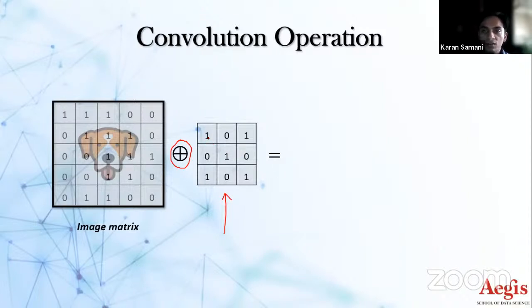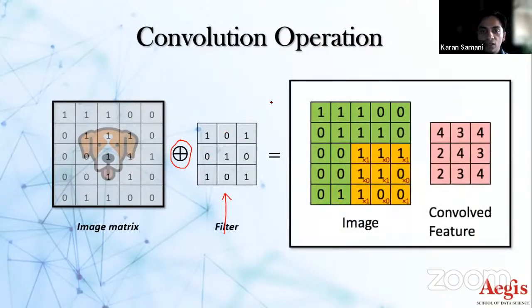It is a kind of filter, so we apply this filter all over our image and we get some output out of it. Let's see what that is. I am rolling this filter over the whole image one by one, and I'm getting this kind of output.